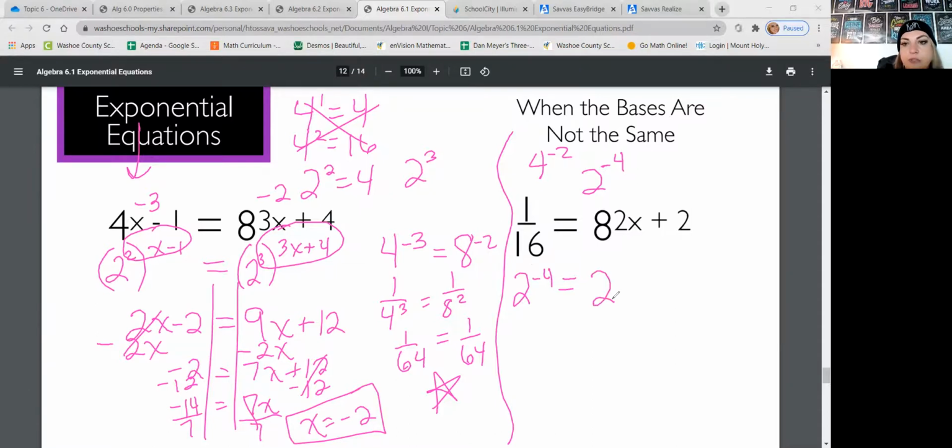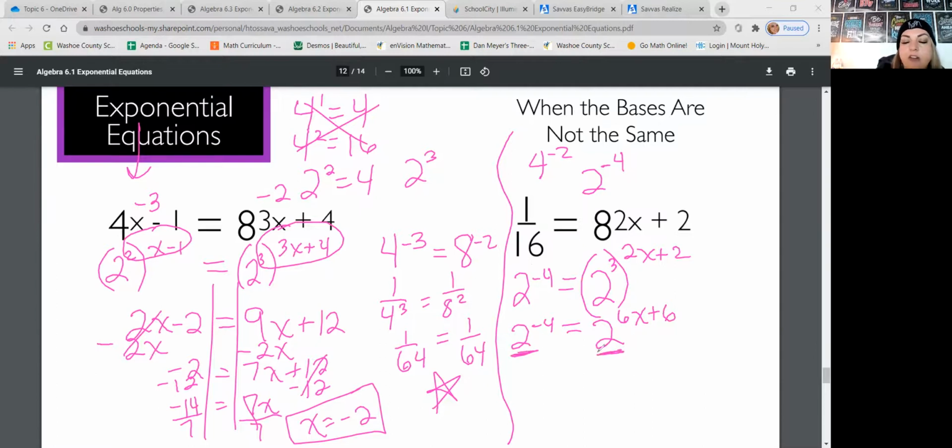And this is 2 to the power of 3. We have to put that in parentheses because we have a different exponent out here. We have to distribute to get rid of these parentheses first. So keep this side the same and distribute. You get 6x plus 6.